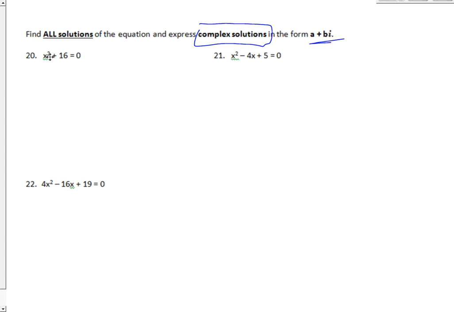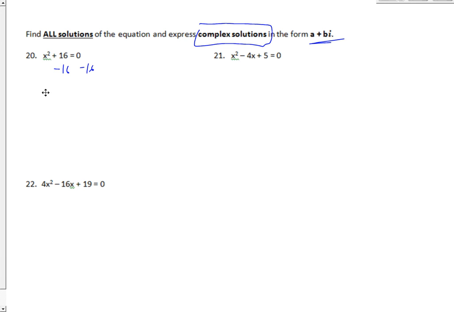I cannot factor x squared plus 16, so I need to solve this like I would a regular quadratic. I could use the quadratic formula and b would be 0. If I can't factor this, I could just resort to the standard solving of an equation.